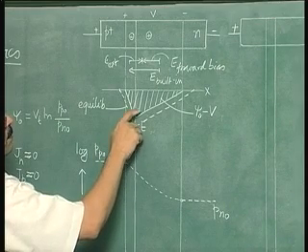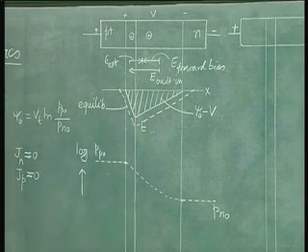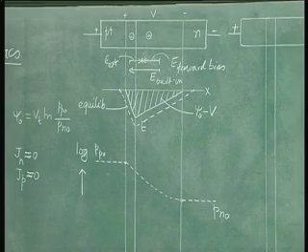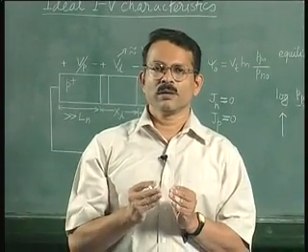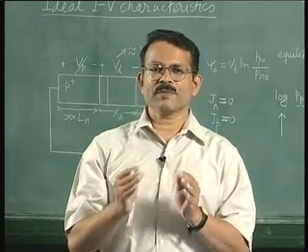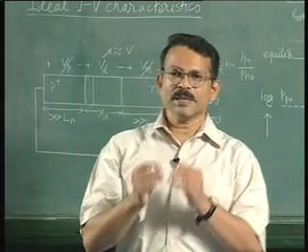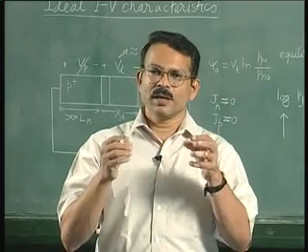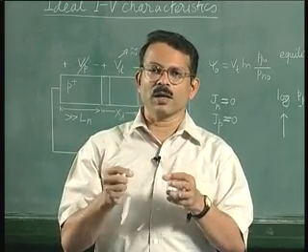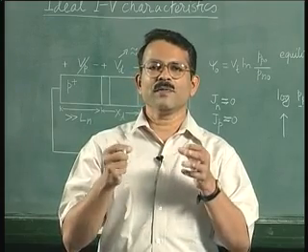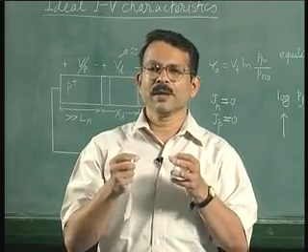Therefore, the drift component of the currents would have reduced as compared to equilibrium. So this is why the diffusion component of the currents across the space charge layer would dominate over the drift current. That is why the diffusion and drift currents are slightly in imbalance, and it is this imbalance that gives rise to the resultant current. But since this resultant current, which is the difference of drift and diffusion components, is very small compared to individual drift and diffusion components, the drift and diffusion components can be assumed to be approximately equal.